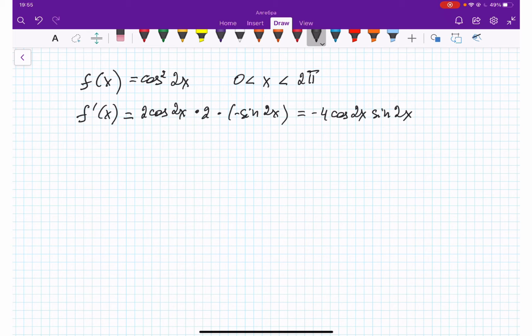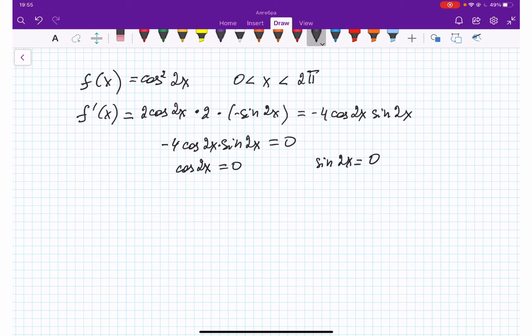We take the first derivative that we got, negative 4 cosine 2x sine 2x, and put it equal to 0. That's how we find our critical values. The first derivative equals 0 if and only if either cosine 2x is equal to 0 or sine 2x is equal to 0.